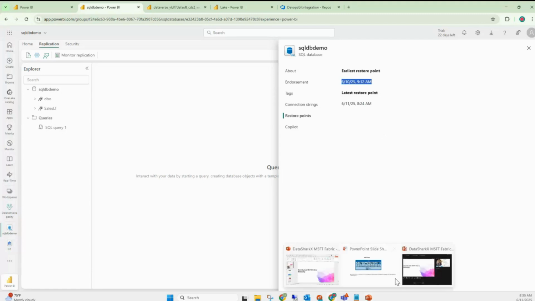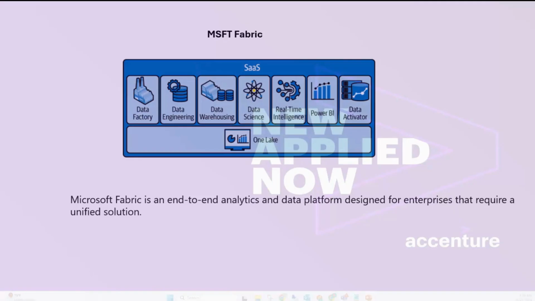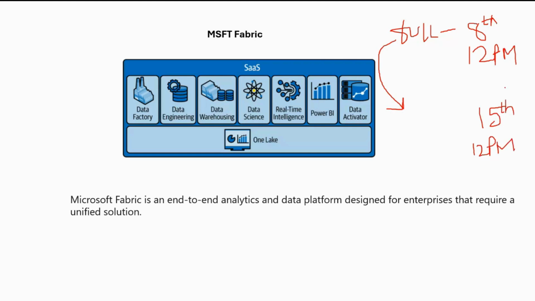So in case I have to explain, let's consider that I create a full backup on 8th of June at 12 p.m. So now the next full backup would get created on a weekly basis, that is 15th of June at 12 p.m. At that time, this backup would get deleted and the new backup would be present.